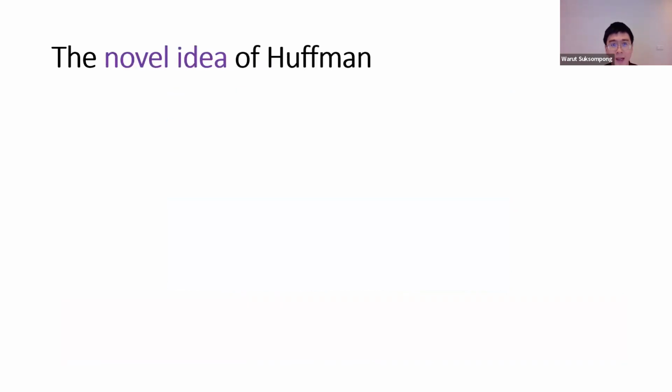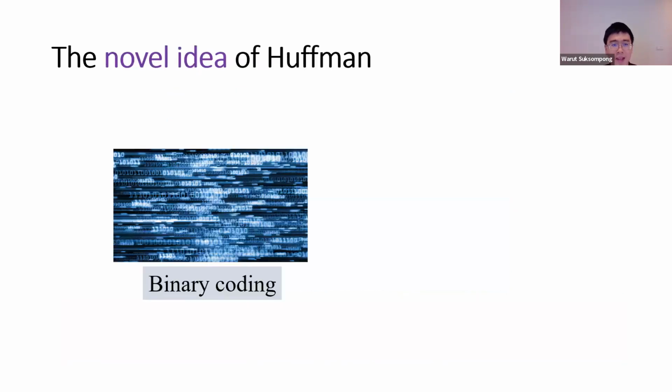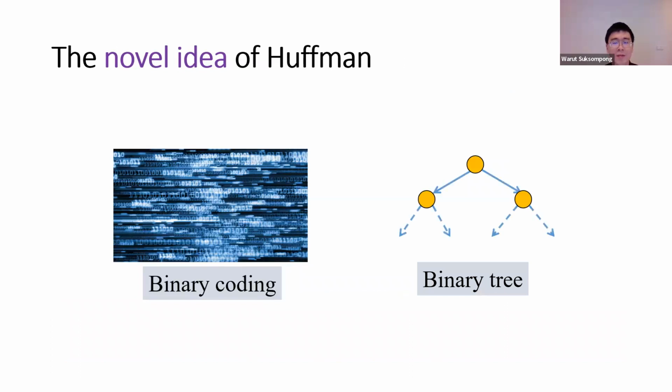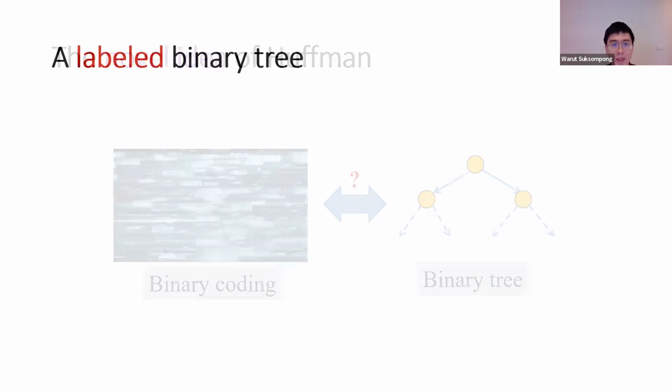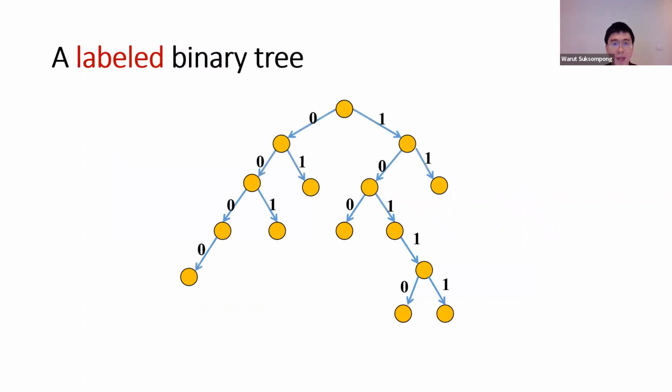This is an idea of Huffman, and it's a very nice idea. The idea is that you can convert a binary coding into a binary tree. There's a direct correspondence between binary codings and binary trees. We can view this as a labeled binary tree, where each edge is labeled with 0 or 1.